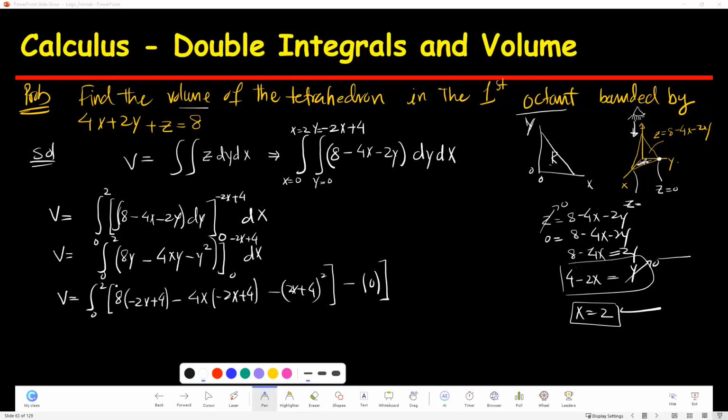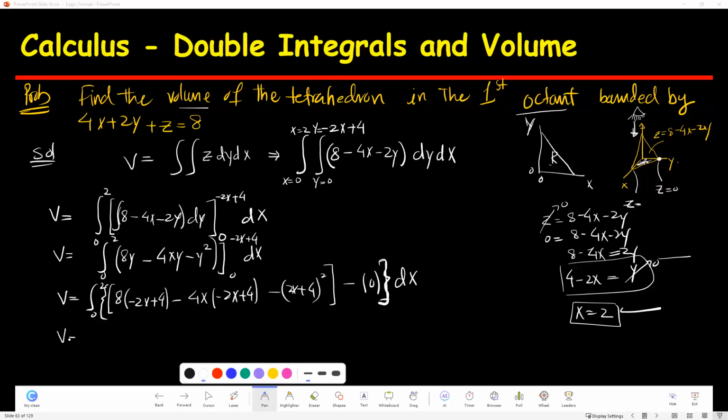I think I should not close here, maybe this one. I can substitute another parenthesis here, and then call dx. Okay, it's going to be a little bit of work to solve this one.